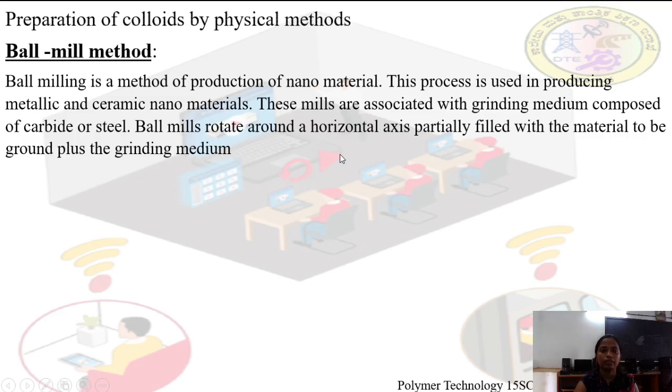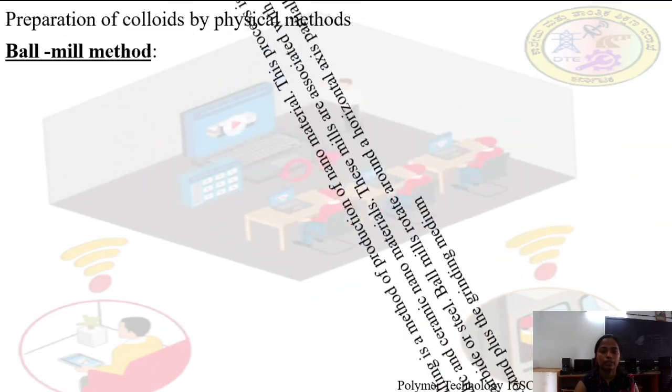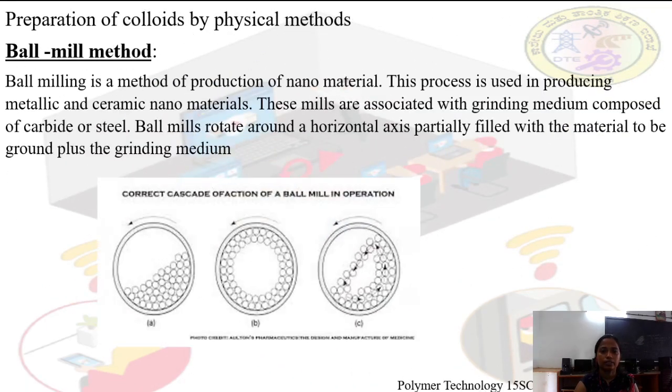Here we can see the ball mill rotating around a horizontal axis, partially filled with the material to be ground.